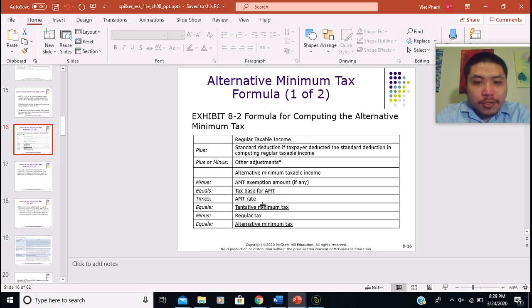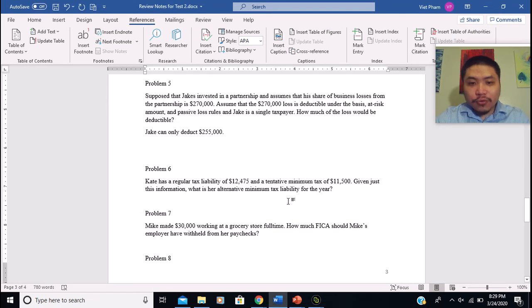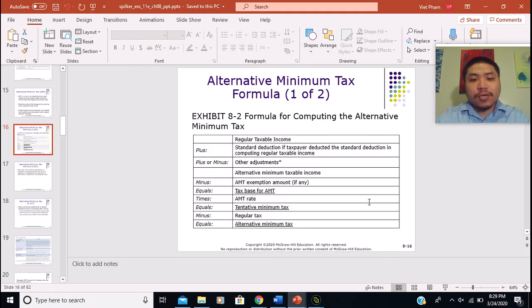So after we apply everything, we calculate the tentative minimum tax, right? So at this point, after we calculated the tentative minimum tax, we have to compare the tentative minimum tax with the regular tax, right? So in this case, we know that Kate had the regular tax liability of $12,475, and then a tentative minimum tax of $11,500, right?